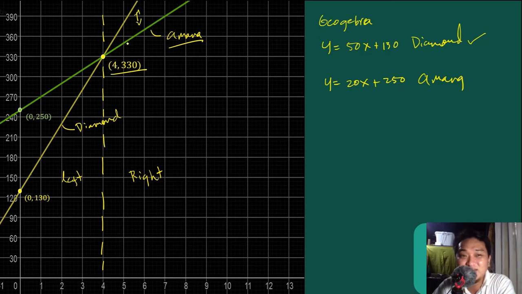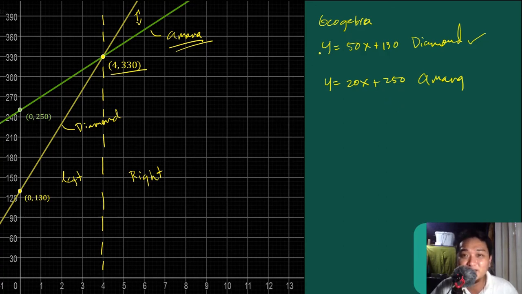At tingnan nyo, kasi yung linear graph niya mas mababa kaysa dyan sa Diamond Hotel. Yung ibig sabihin po niyan, kung magtatagal po tayo ng more than 4 hours, if we are on a vacation, in a certain motel or in a certain pension house, di hamak na mas makakamura tayo sa Amana. Kasi mas mababa yung graph niya.